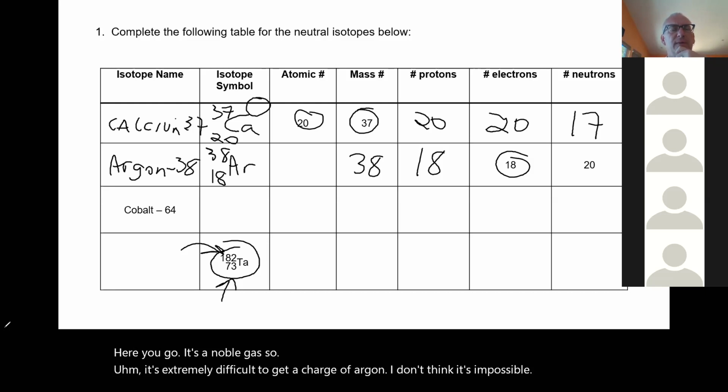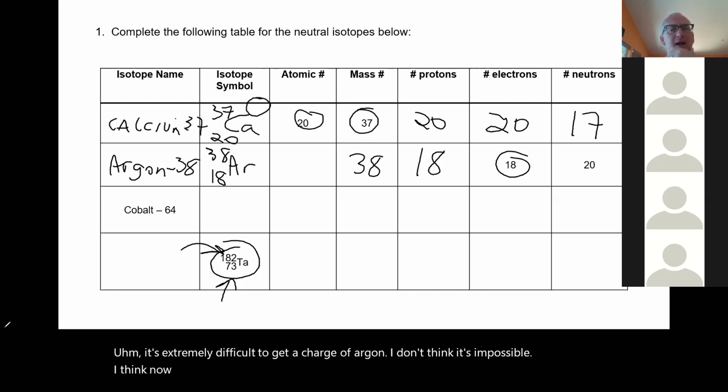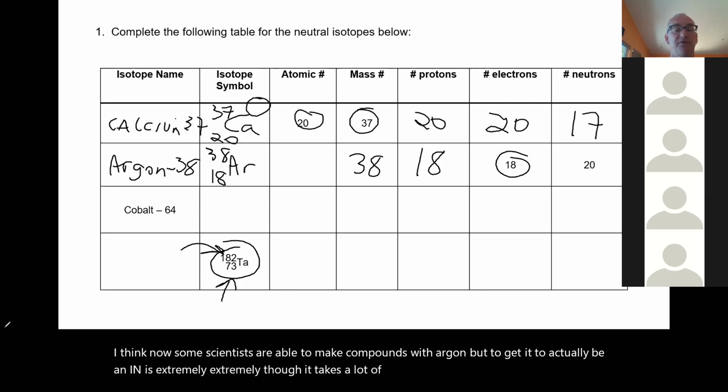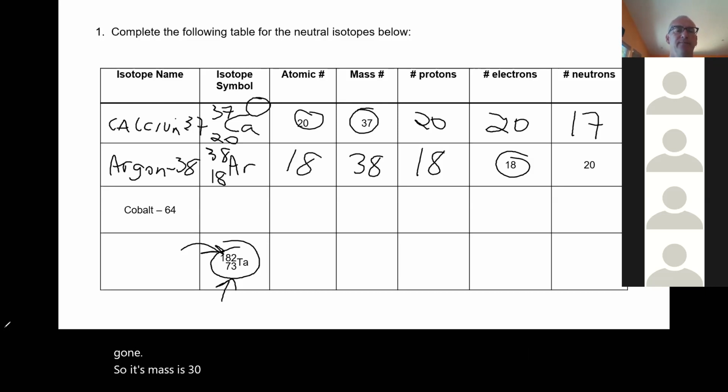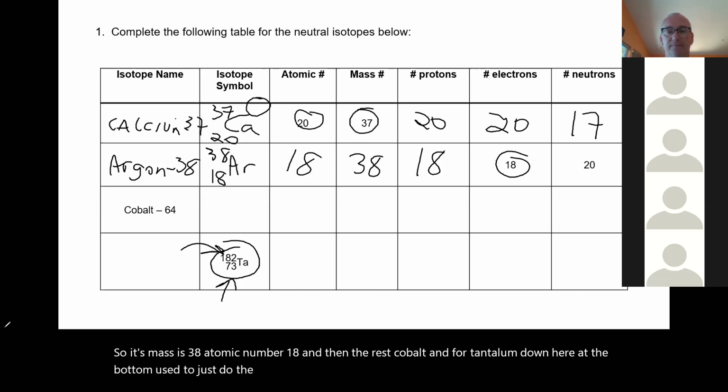I think now some scientists are able to make compounds with argon, but to get it to actually be an ion is extremely difficult. It takes a lot of energy to strip an electron away from argon. So its mass is 38, atomic number 18. And then the rest, cobalt, and for tantalum down here at the bottom, you just do the same thing, okay?